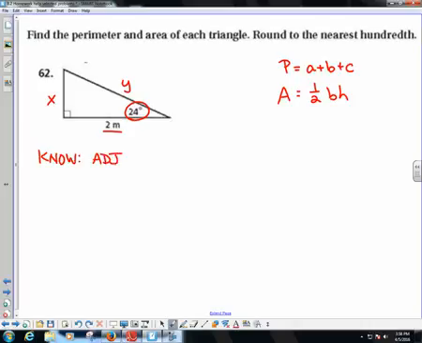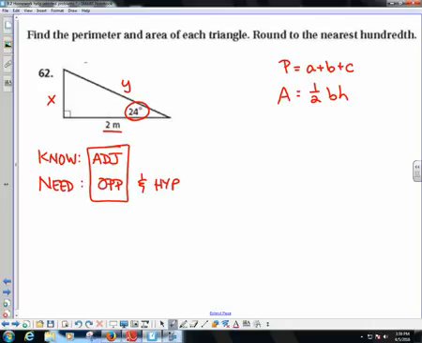It's touching the angle that we know. And I need to know the opposite, and I also need to know the hypotenuse. But I obviously can't work on everything at once. So let's do these two things.